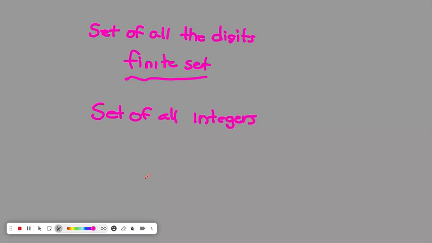So that would be a finite set. Finite. It's limited. That's it. But if you said the set of all integers, and we'll go over that term in a minute, well, that's infinite.